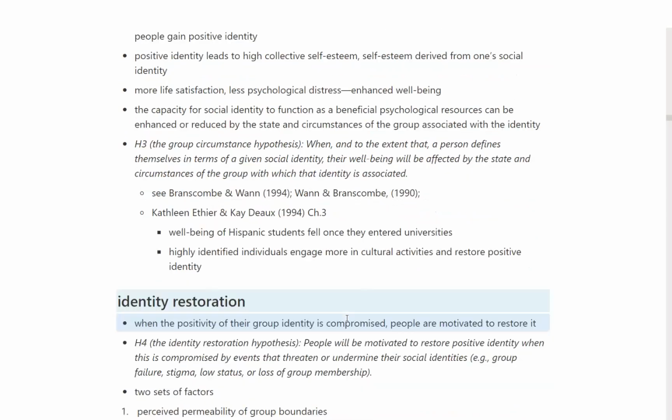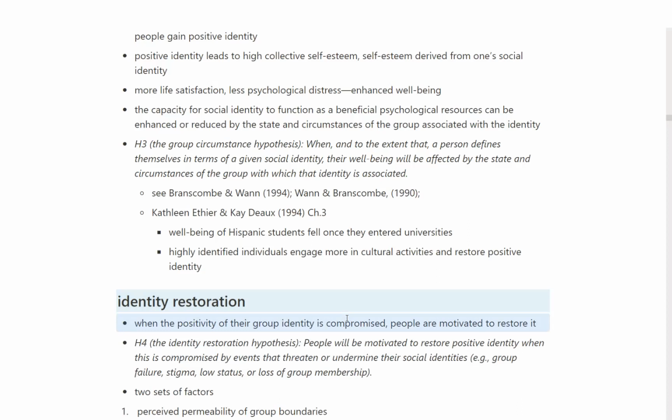So there is a process for identity restoration. People usually try to see their group as positive, but when it's not very easy, people may choose whether to restore their identity or leave their group. When the positivity of their group identity is compromised, people are motivated to restore it.